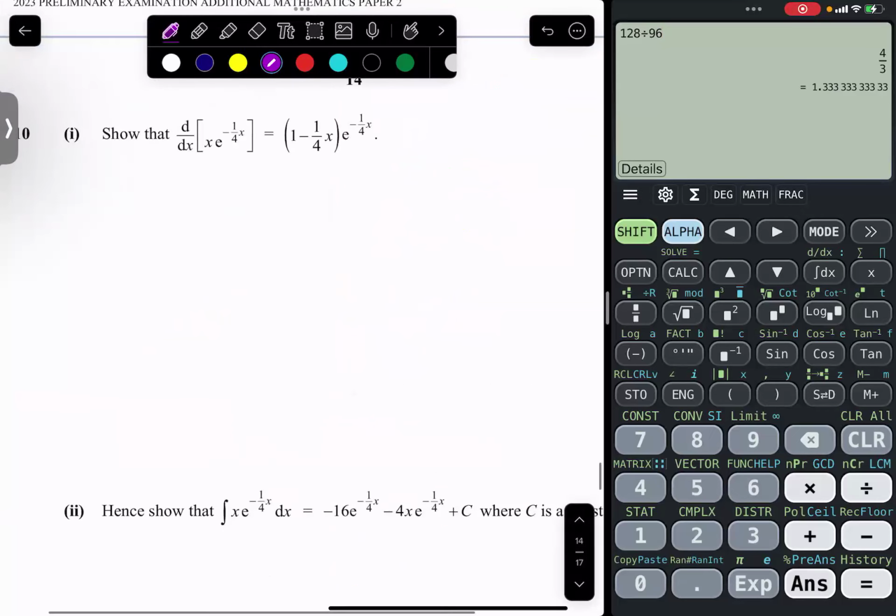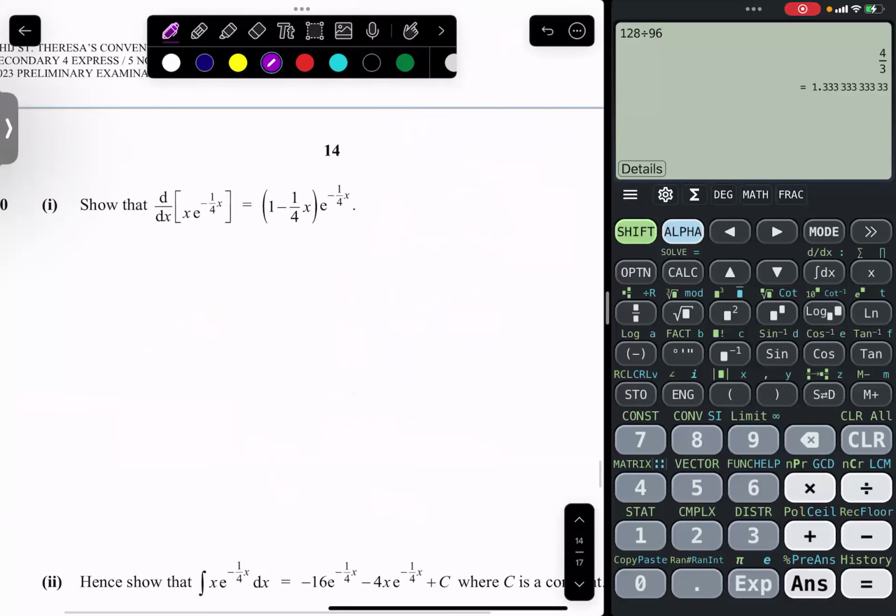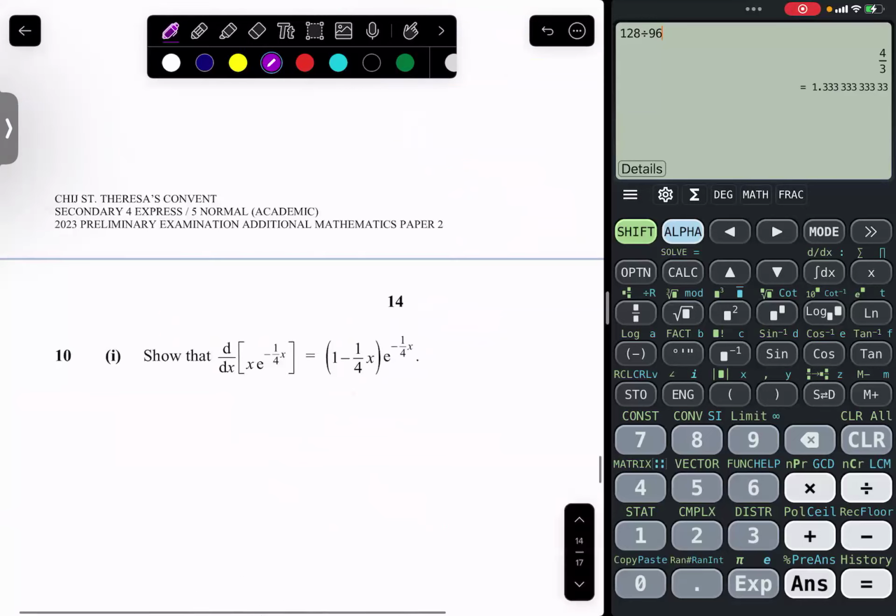Question 10. Show that d/dx of x e to the power negative 1/4 x is equal to (1 minus 1/4 x) e to the negative 1/4 x.